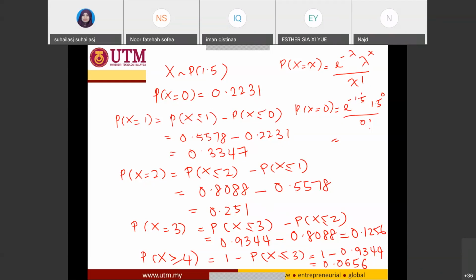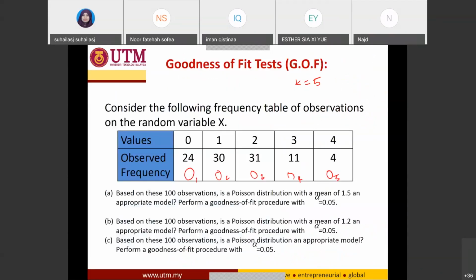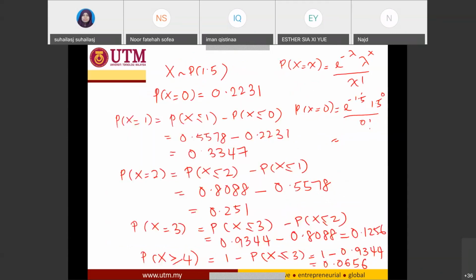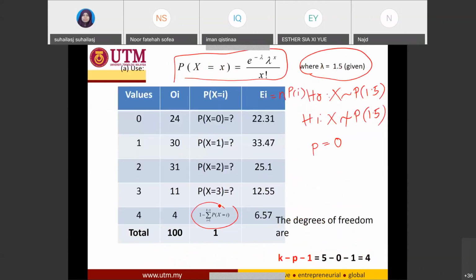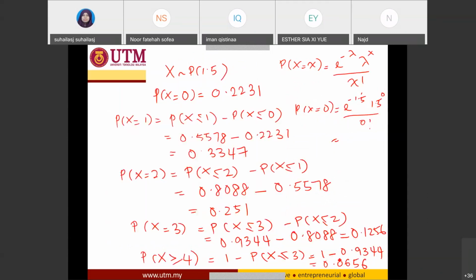That's why for the last value, even though we just write 4, it means you need 1 minus 0.9344, which is probability x less than or equal to 3. So you will have 0.0656. This is how we find the probability, because the probability is not given, different from the previous example.